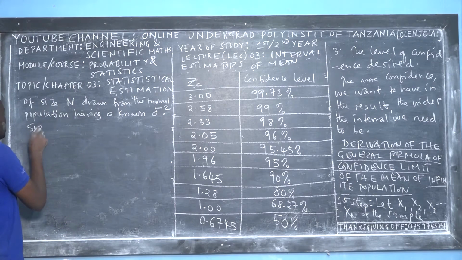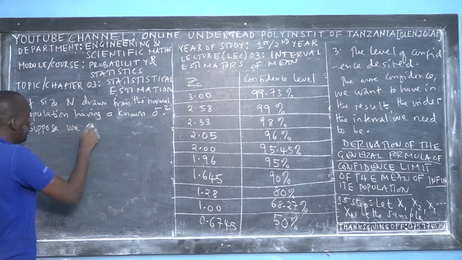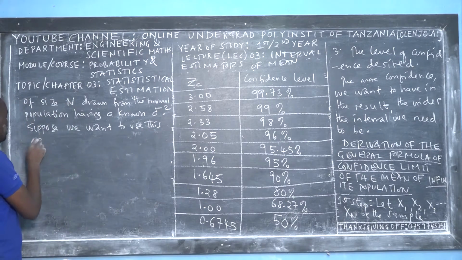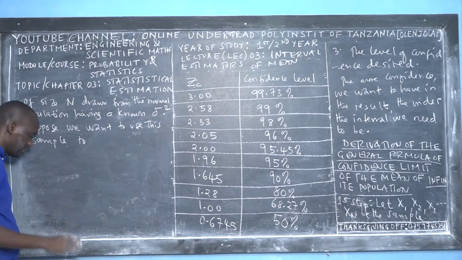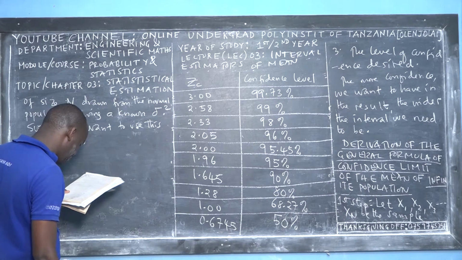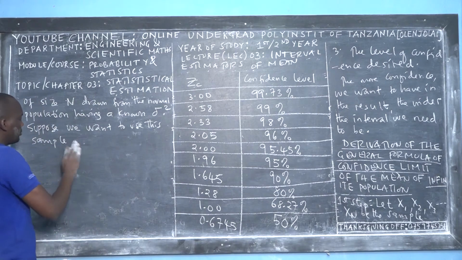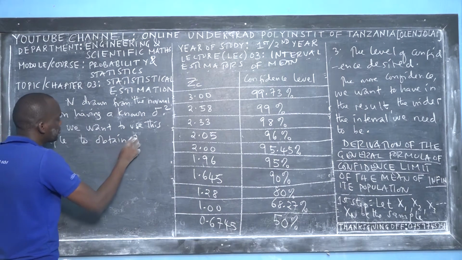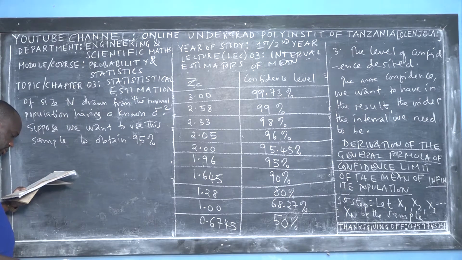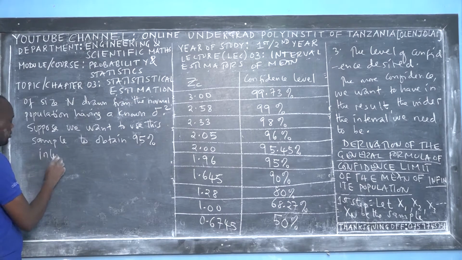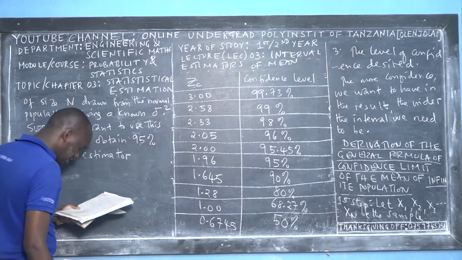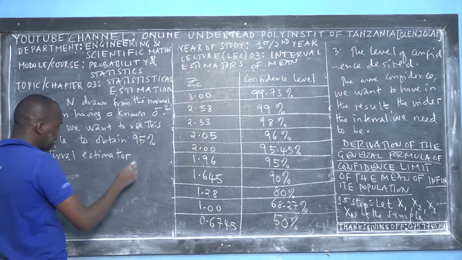Again, suppose we want to use this sample to obtain a 95% interval estimator for the population mean.